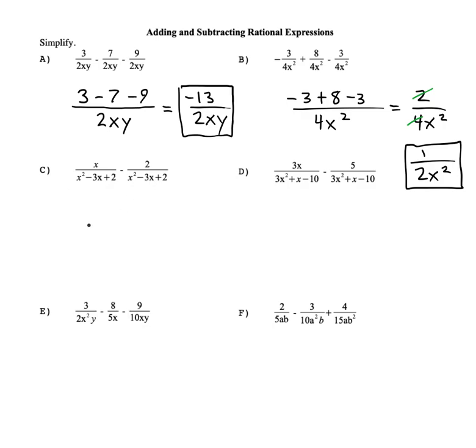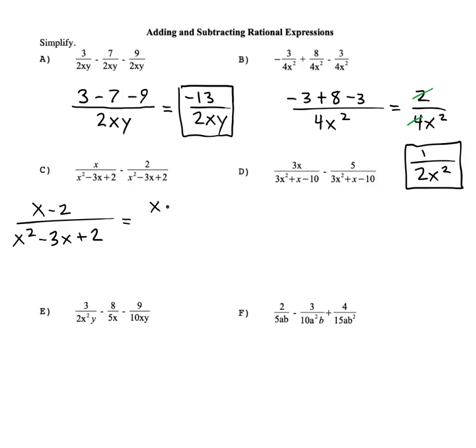For letter C here, we'll have x minus 2 over the common denominator of x squared minus 3x plus 2. But we do want to check and see if we can simplify further. It is possible that maybe we could factor that denominator and reveal a factor which might match with the numerator.